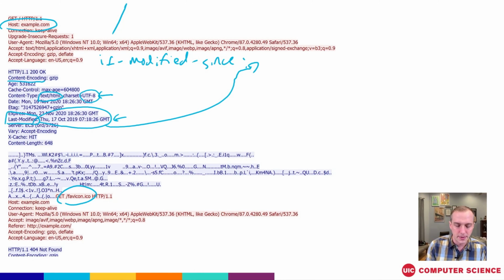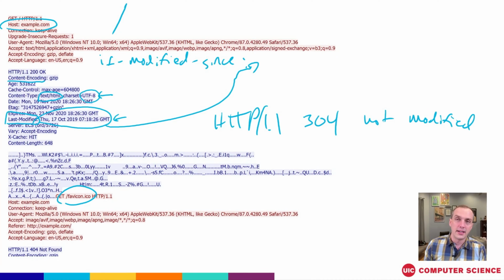And the server will respond back with an HTTP/1.1 304 not modified. And that's much cheaper than sending the entire file or reading it off the disk, whatever have you. And that allows your web browser to render the file just that much faster, as well as preserve your network bandwidth.